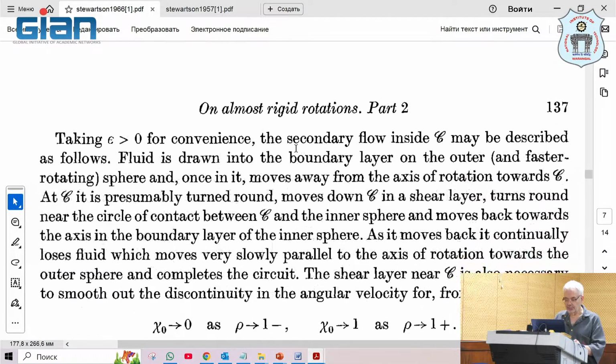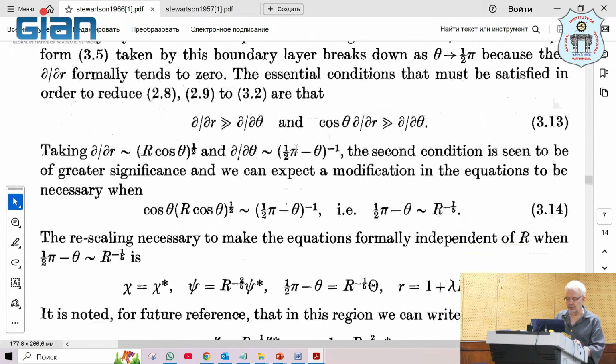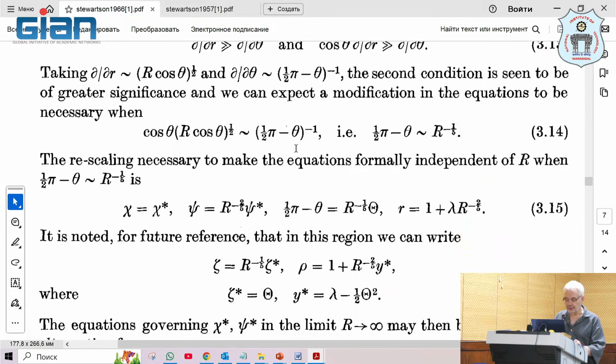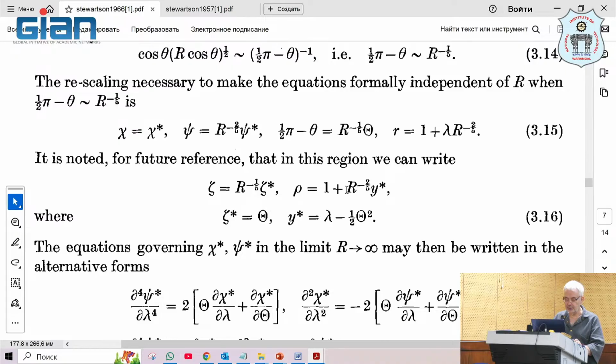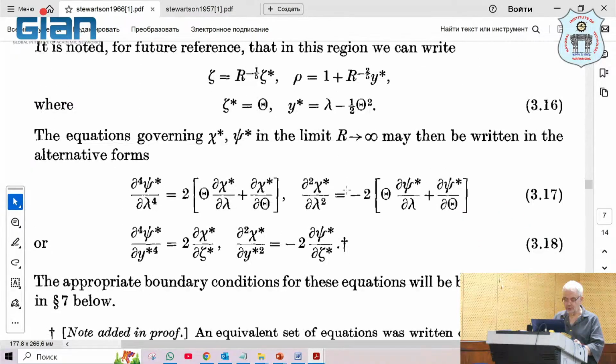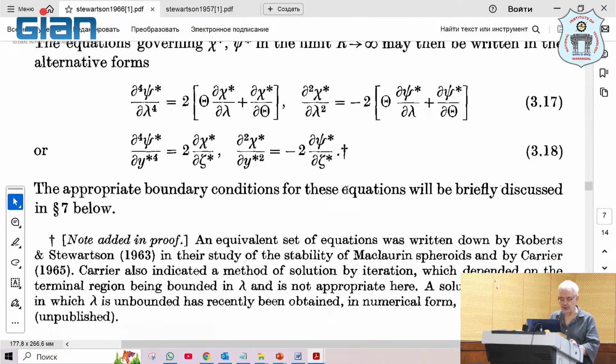And then he proceeded further. Then he stated the Stewartson layer, how it works. For different combinations, he started from the equatorial boundary layer, which we finished, and also wrote similar equations and proved them in some manner.